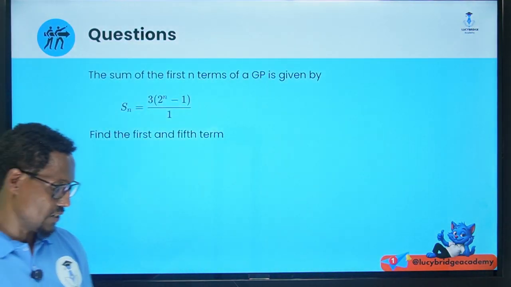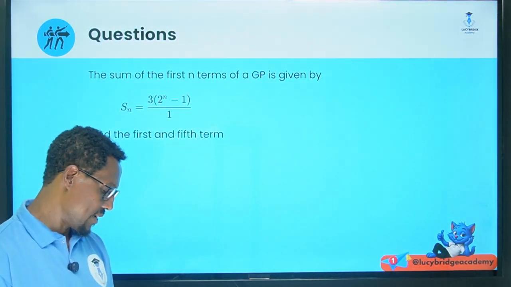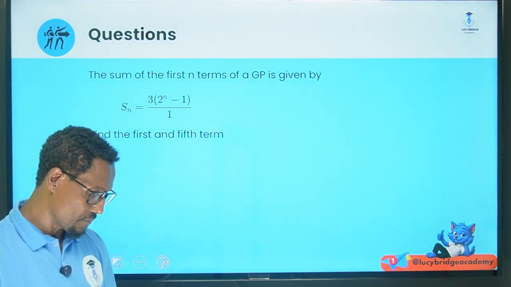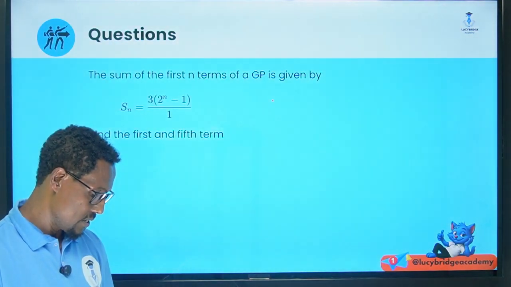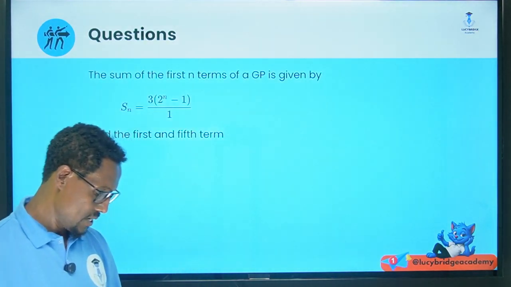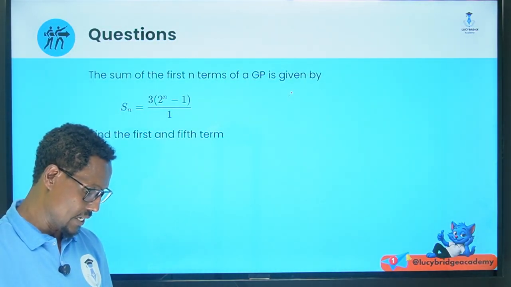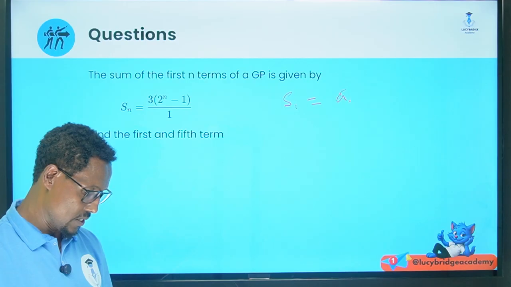The sum of the first n terms of a geometric progression is given by Sn. Find the fifth term. Sn is given. Look, don't forget that S1 is equal to G1, okay.